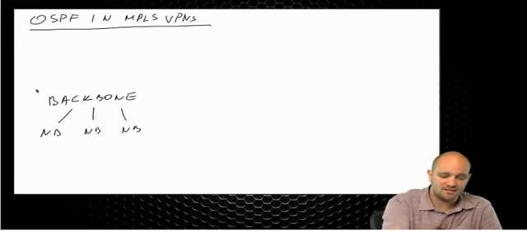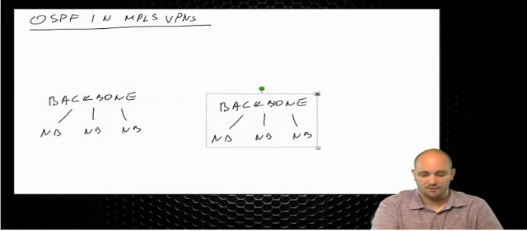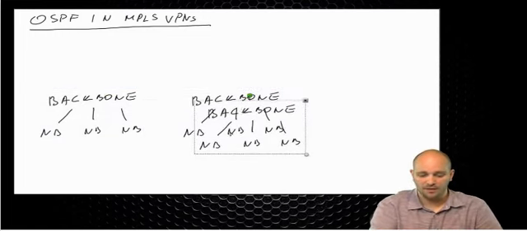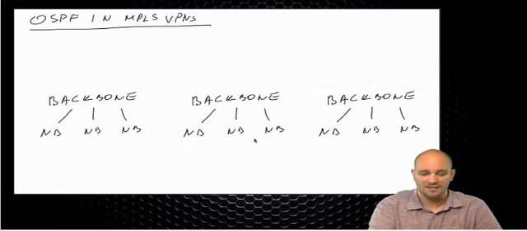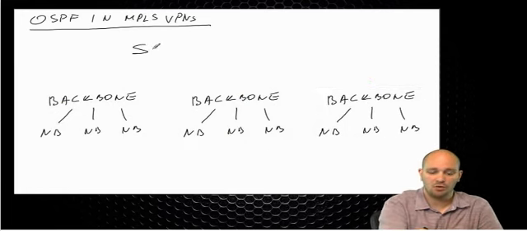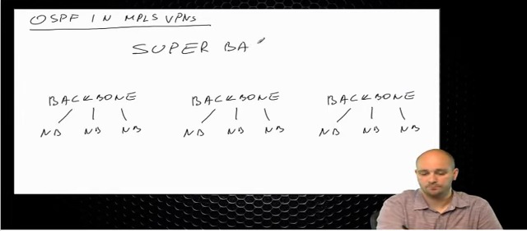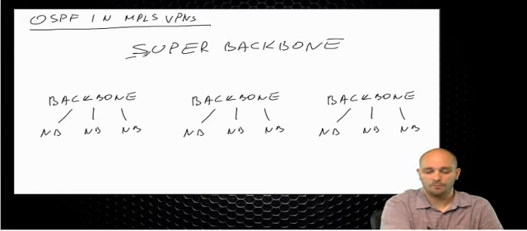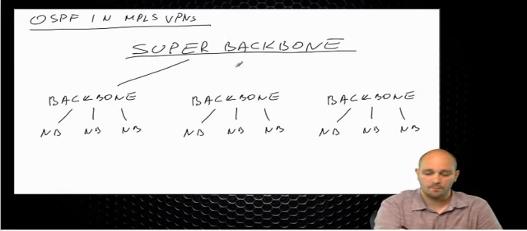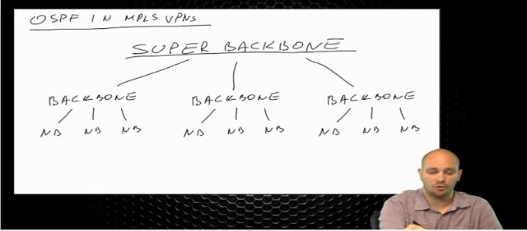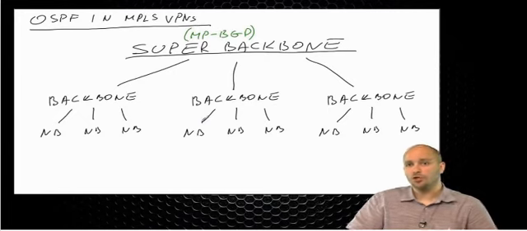We can have this set up in multiple sites, so we can have multiple independent backbones in our case. All these backbones are connecting to something called the super backbone. Super backbone is just a fancy name for another protocol, multiprotocol BGP. So multiprotocol BGP acts as what we call the super backbone.